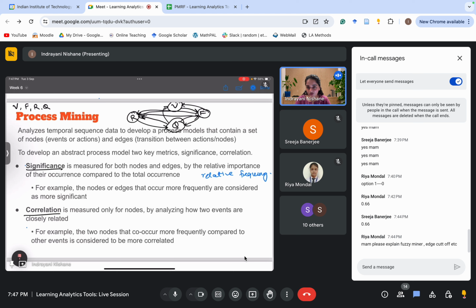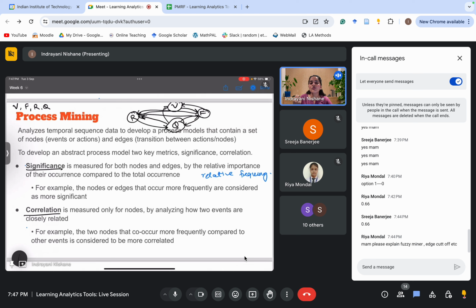Significance tells us how frequently a particular action occurs, and correlation is generally for a group of nodes: how closely they are transitioning, how frequent the transition between two nodes is. That is given by correlation.